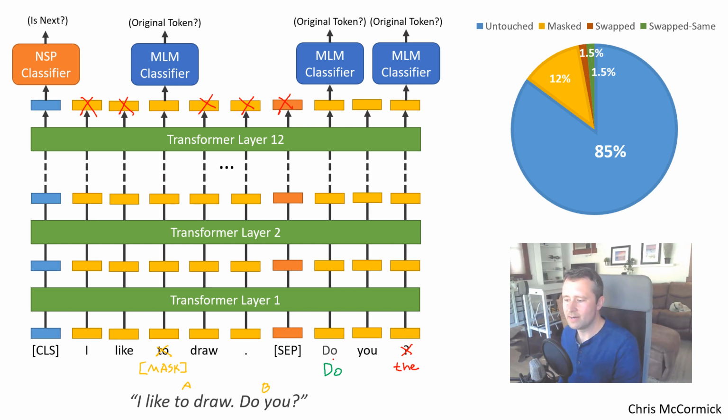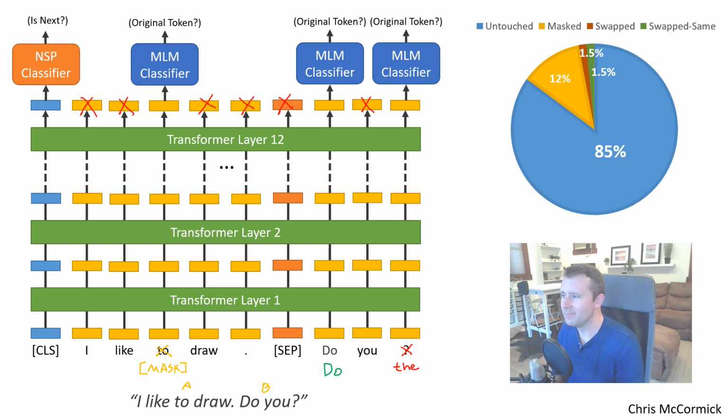And here, this is the one where we didn't change it, but we've flagged it for prediction. So the model has to predict the original token, and the model has no idea whether this token is the original or whether it's been randomly replaced. But we're going to make a decision. And then finally, we've got the one where we did actually swap it.